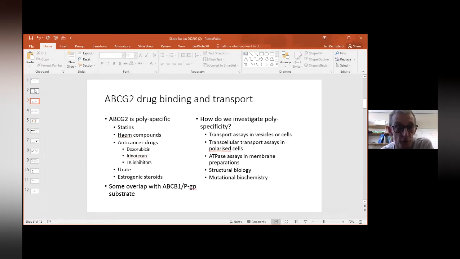Those range from physiological substrates, which include urate and probably include some heme-based compounds, to clearly non-physiological pharmacotherapeutic compounds, such as statins and anti-cancer drugs. And we know, as Michael has said earlier, that there's some overlap with the substrate repertoire of another multi-drug pump, PGP, ABCB1. And we're interested in this polyspecificity.